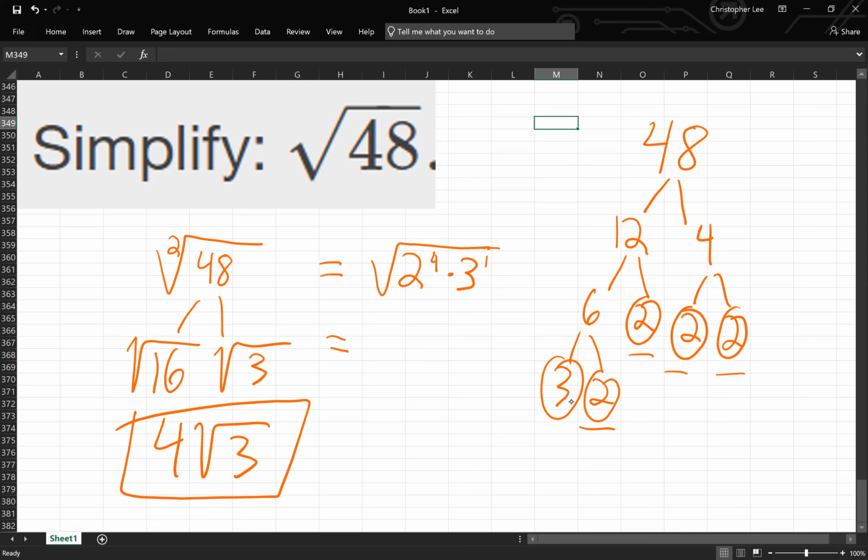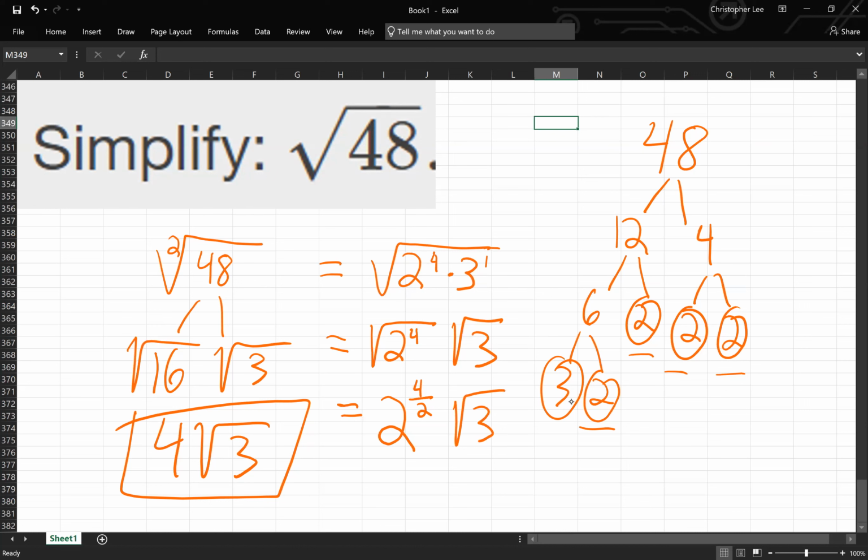So what you could do, right? At this point, you could say square root 2 to the 4, square root 3, and the 4 will reduce. They reduce like this. This becomes 2 to the 4 power over 2. We didn't talk about that yet, but that's coming up, right?